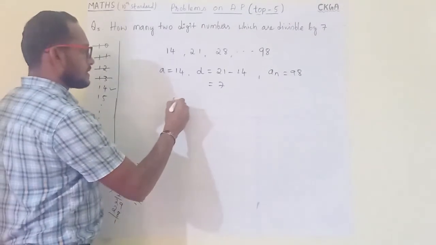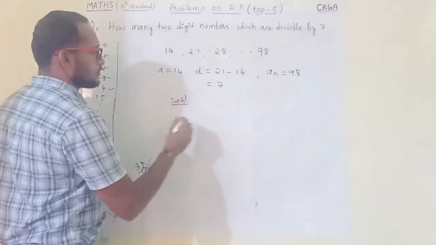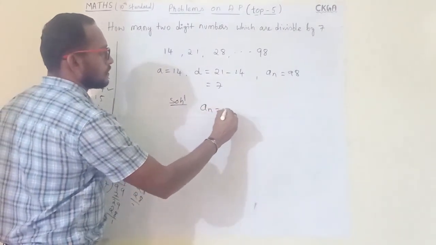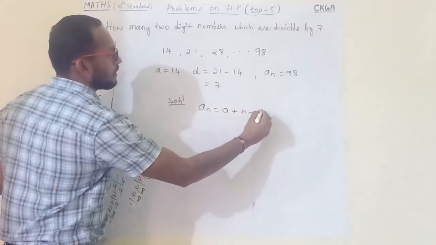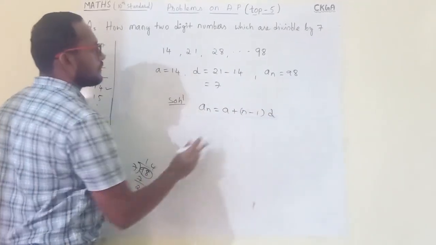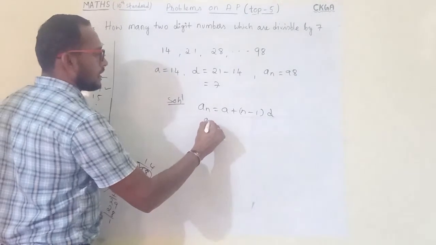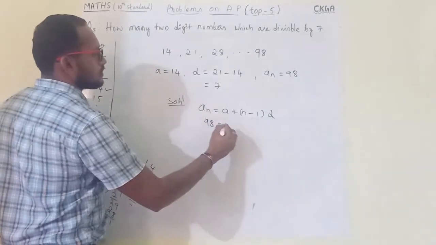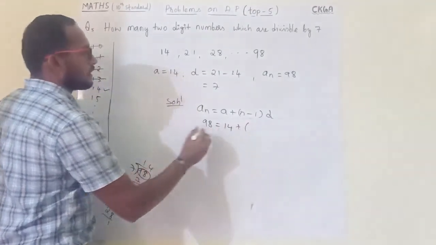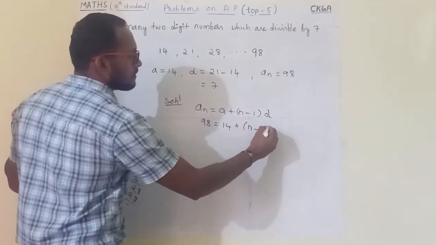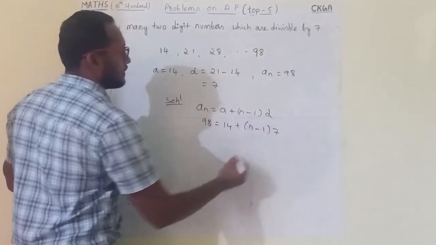Use the same concept: an is equal to a plus n minus 1 into d. So an is 98, a is 14, d will be 7.